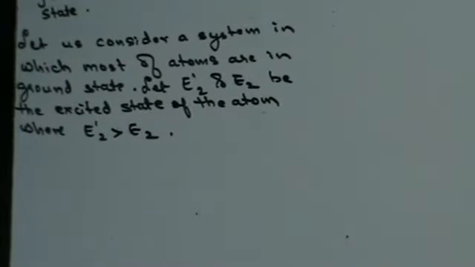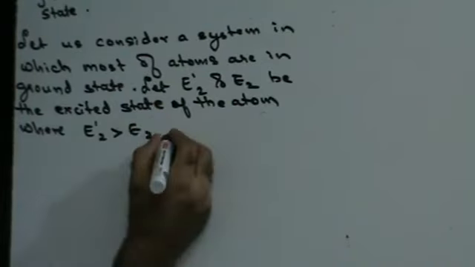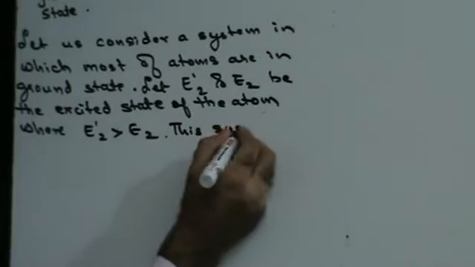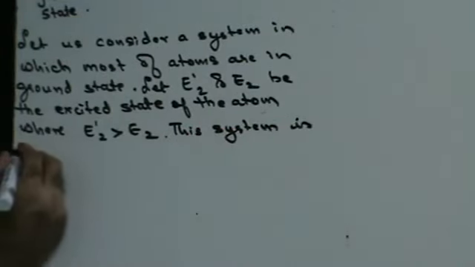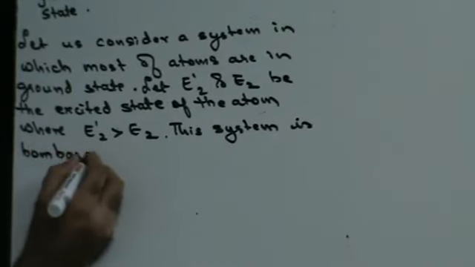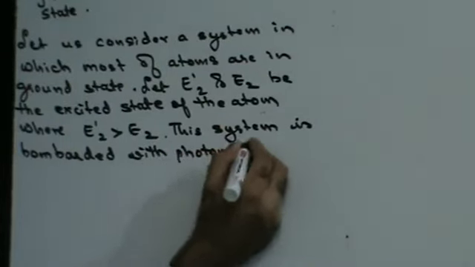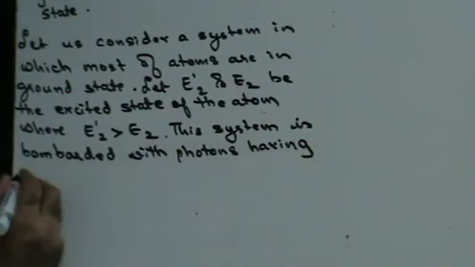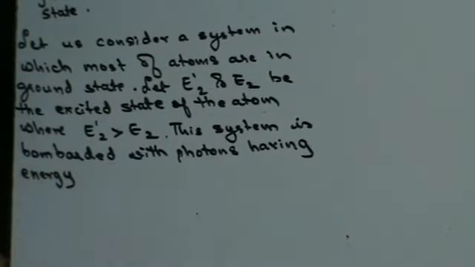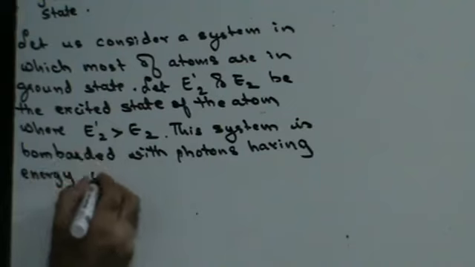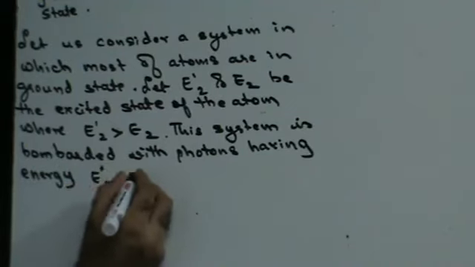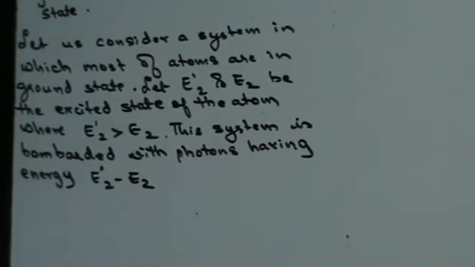Fine. Now, let us assume that this system is bombarded with photons having energy E bar 2 minus E2. The atom in the ground state will absorb the photon and get raised to the excited state E bar 2.